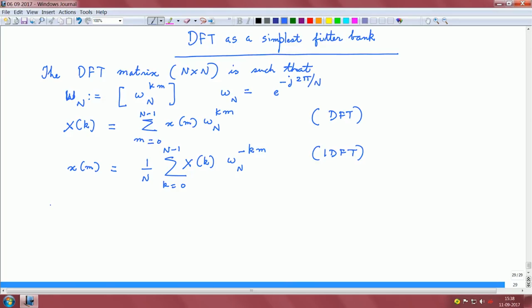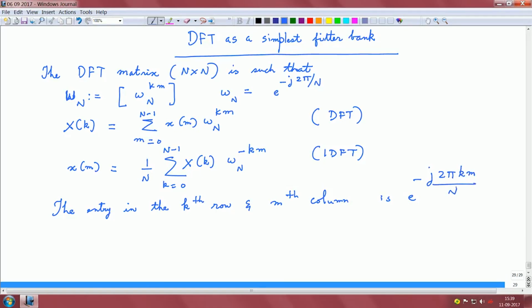And if you think about this matrix, the entry in the kth row and mth column is e power minus j 2 pi k times m upon n. So, we can think about this as a matrix multiplication.